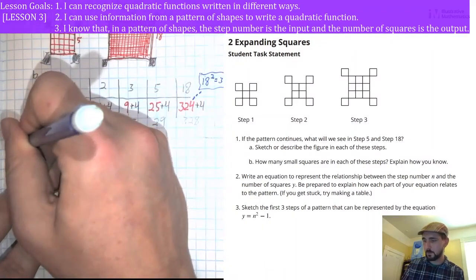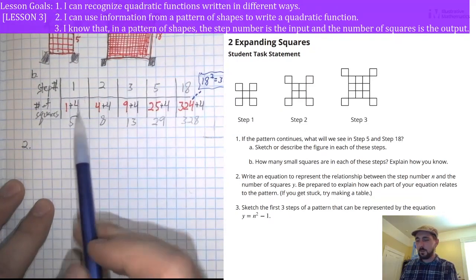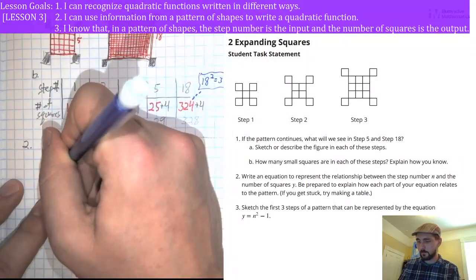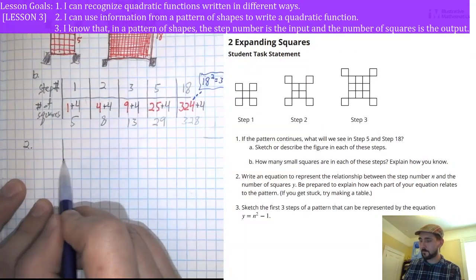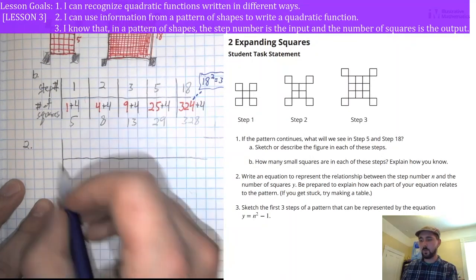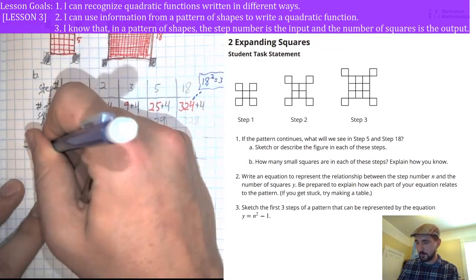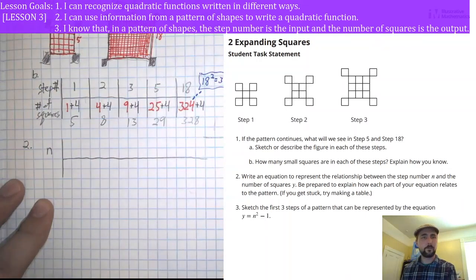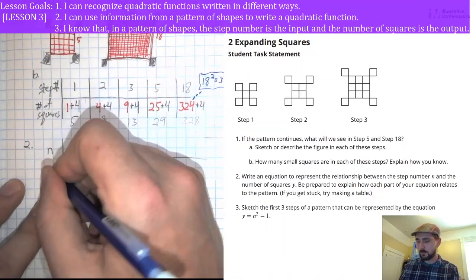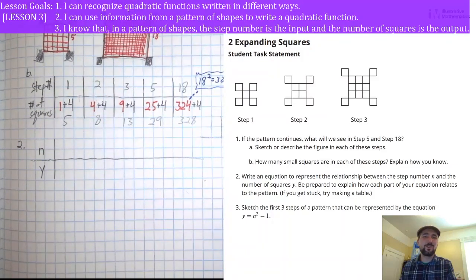So number 2. It seems like we can start by making basically the same table as before, but I'm going to change it in 2 ways. One, we're going to use their letters. So they say use the step number n and call the number of squares y. Why do they do n and y?